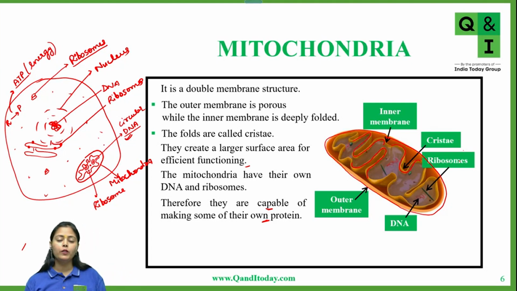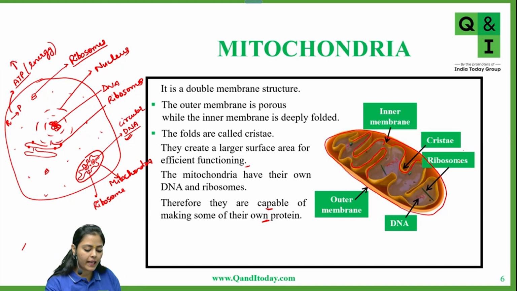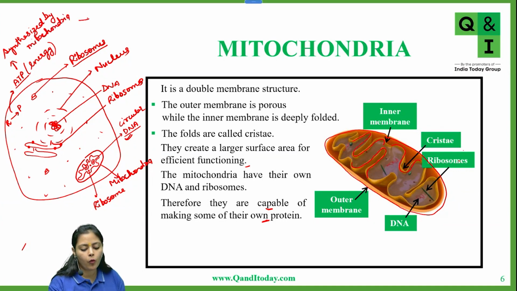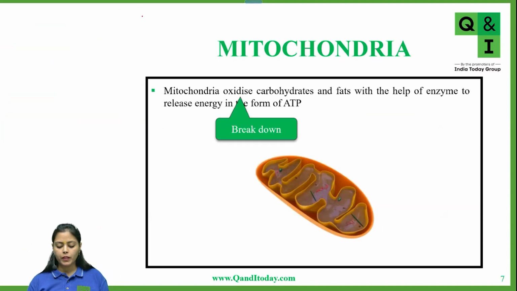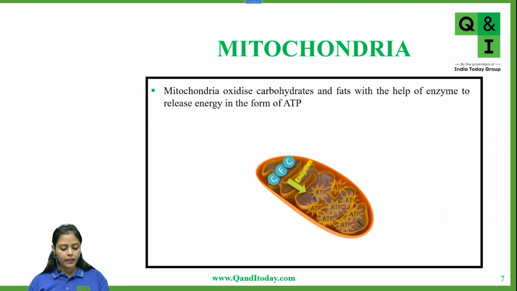So how does mitochondria make ATP? Just now we told that ATP is synthesized by mitochondria. But how does mitochondria synthesize ATP? For this, the mitochondria break down fats and carbohydrates.